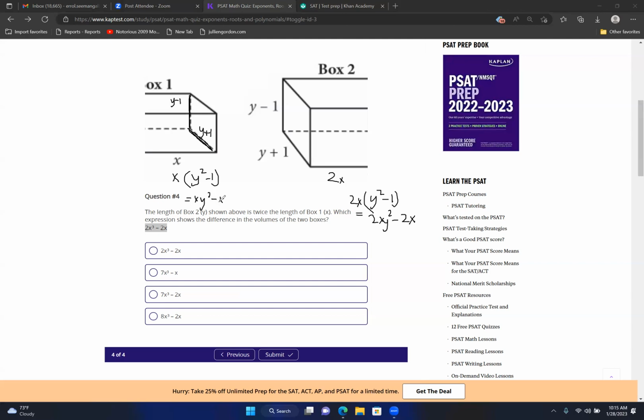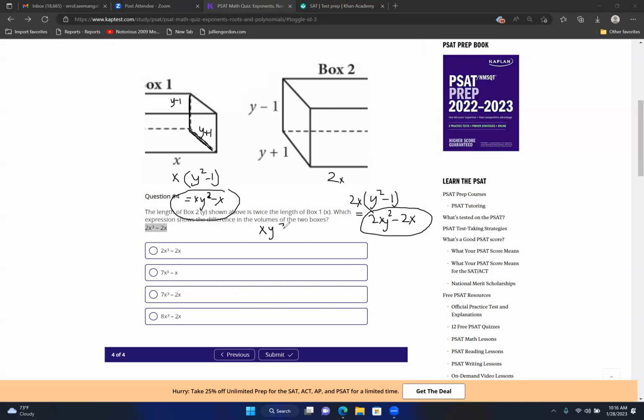Okay, so now we take the two of those. We take this one right here and this right here and subtract them. Which expression shows a difference in volumes of the two boxes? So the bigger one's box 2, right? So take this one right here and subtract off this one. What's 2xy squared minus 1xy squared? 1xy squared, yep.